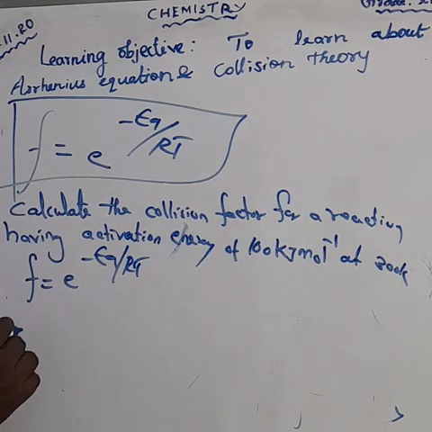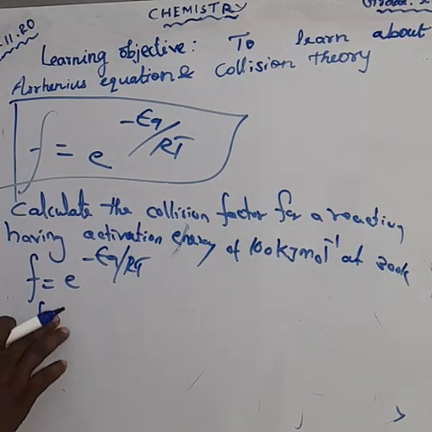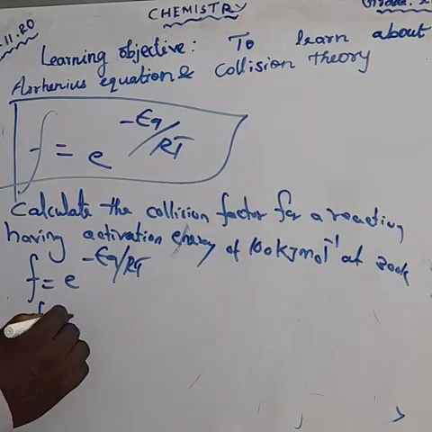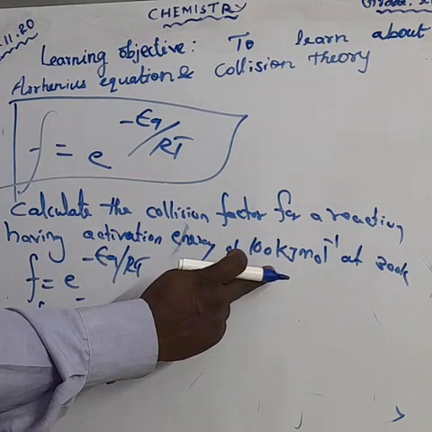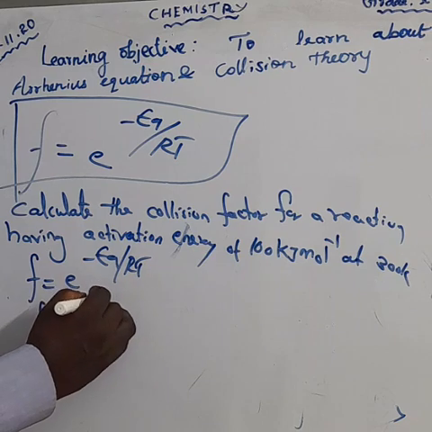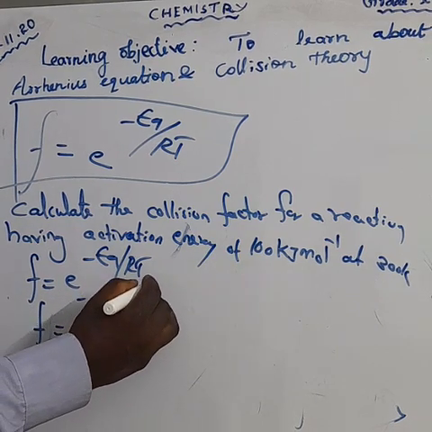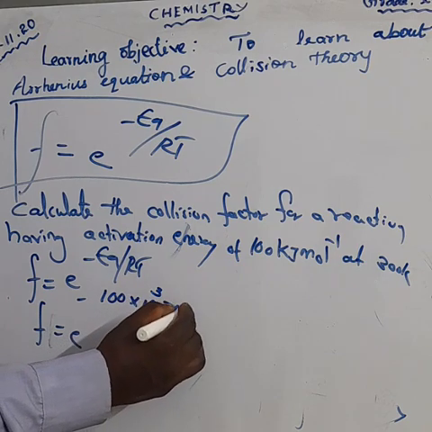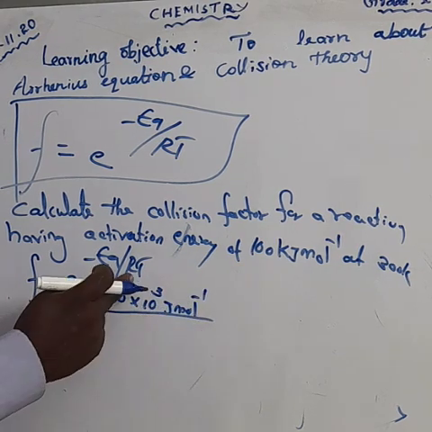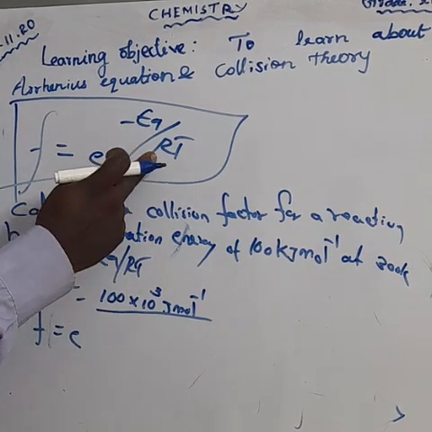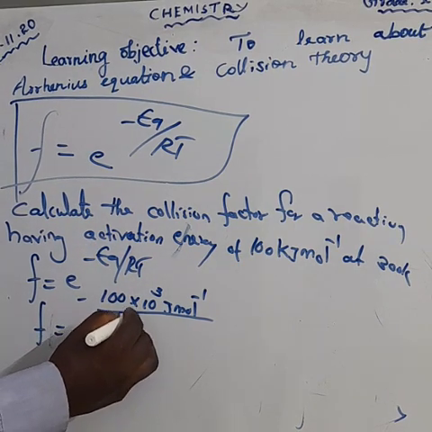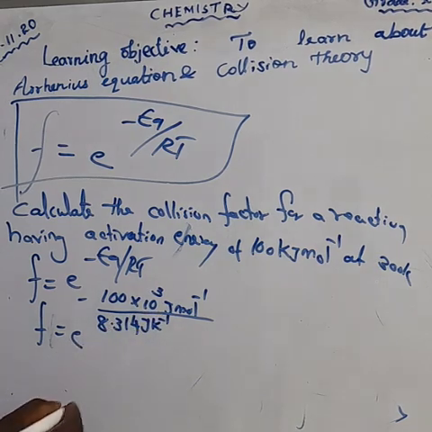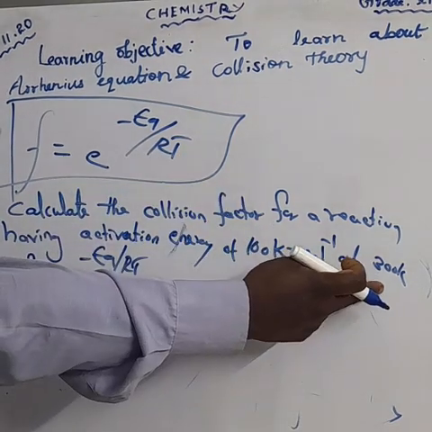We substitute: the activation energy is 100 kilojoules mole inverse, so 100 into 10 raised to 3 joules mole inverse, divided by R, the gas constant, 8.314 joules Kelvin inverse mole inverse, and the temperature is 300 Kelvin.